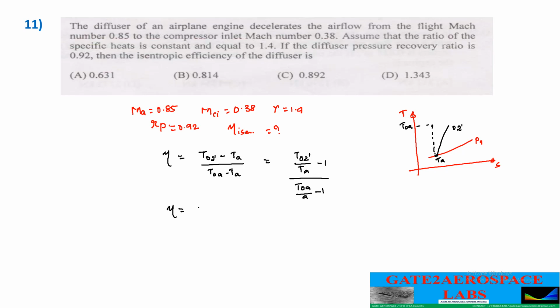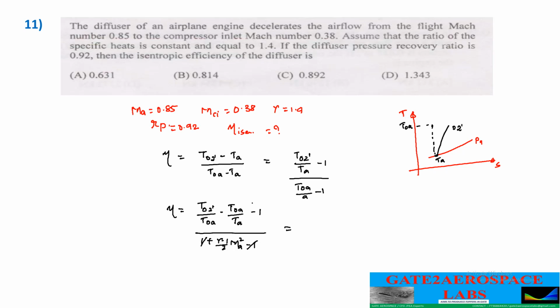So the efficiency will be equal to the top term, we can write it as T0A into T0A divided by TA. Then this will be equal to 1 plus (gamma minus 1) by 2 into MA square minus 1.